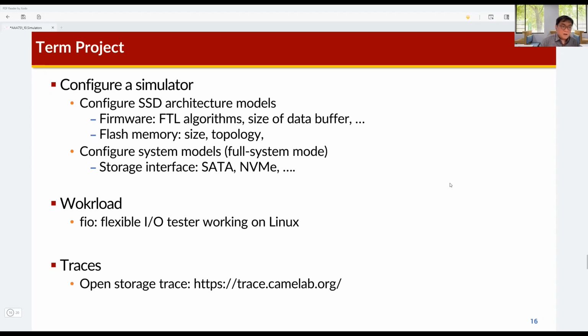You can find FIO on common Linux operating systems. If you implement the full system mode using simple SSD, then you can run the Linux operating system. That means you can also measure the performance of SSD using normal applications.